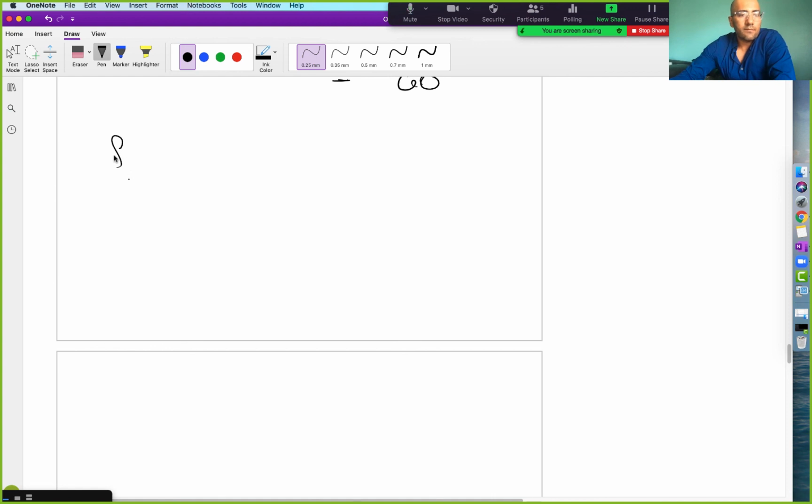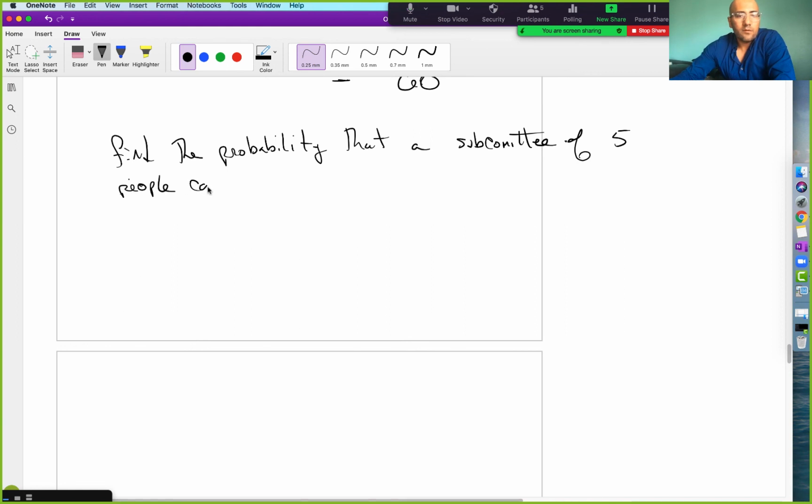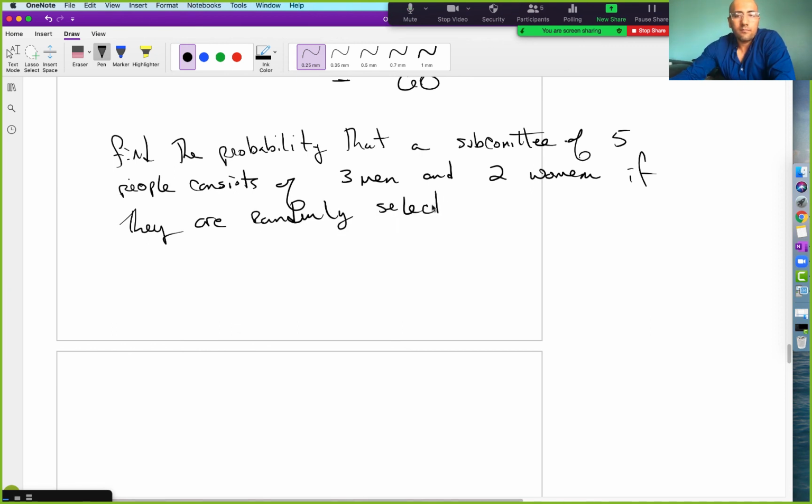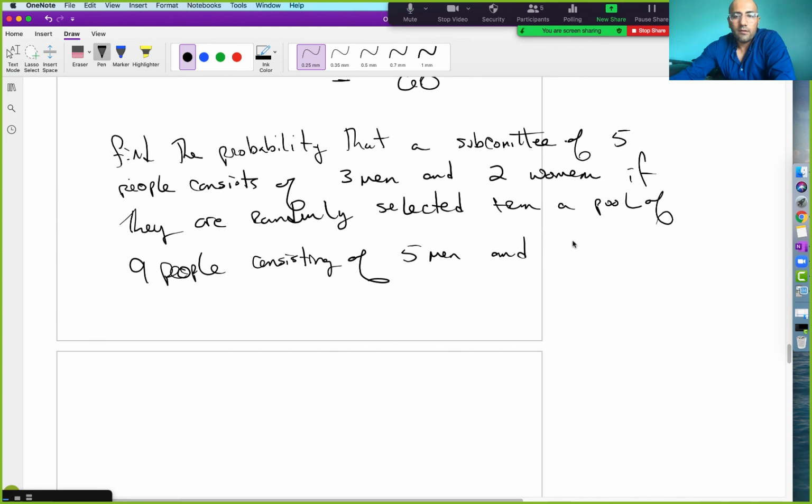Find the probability that a subcommittee of 5 people consists of 3 men and 2 women if they are randomly selected from a pool of 9 people consisting of 5 men and 4 women.